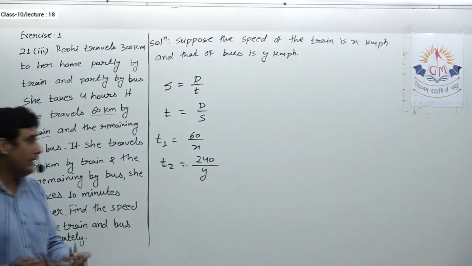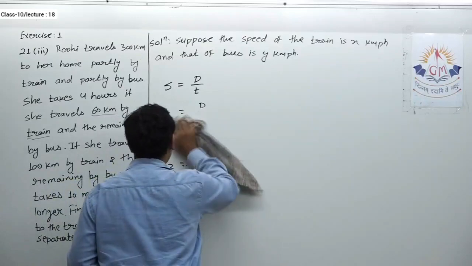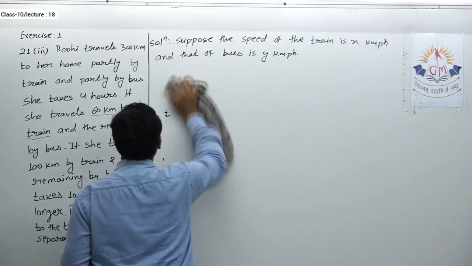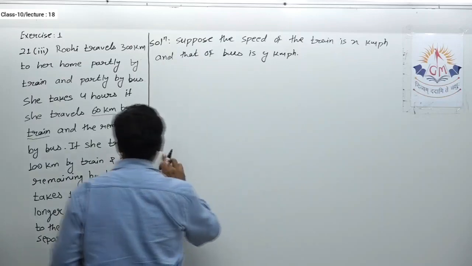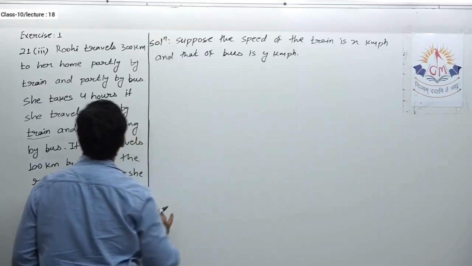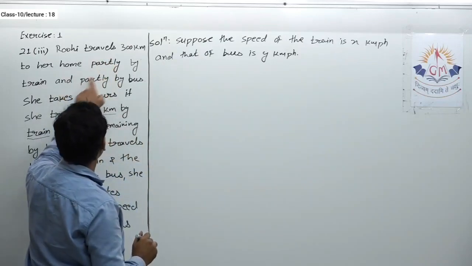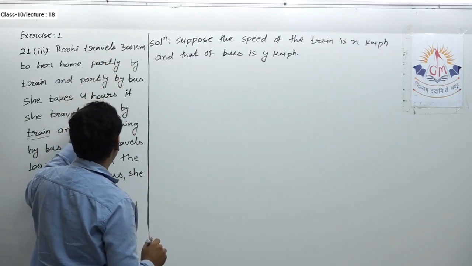Now in a similar way we will find our second equation. Let us see how to write this properly. She travels 60 kilometers by train.